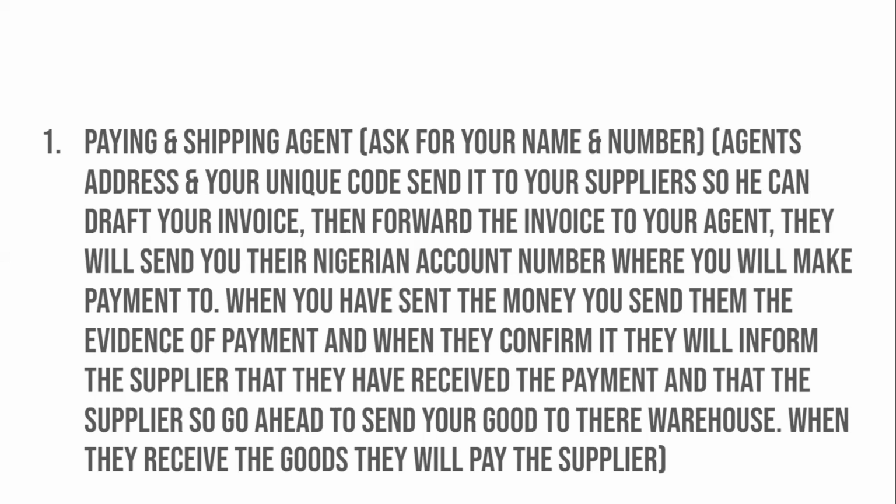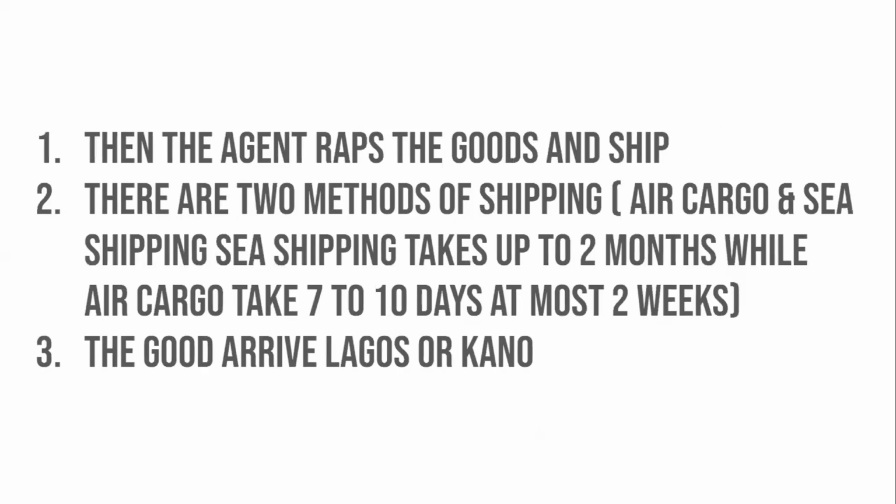And as soon as the agent receives the goods, he's going to pay the supplier the money. And then your agent is going to consolidate your goods. He's going to arrange your goods, package them, and then ship them down to Nigeria.